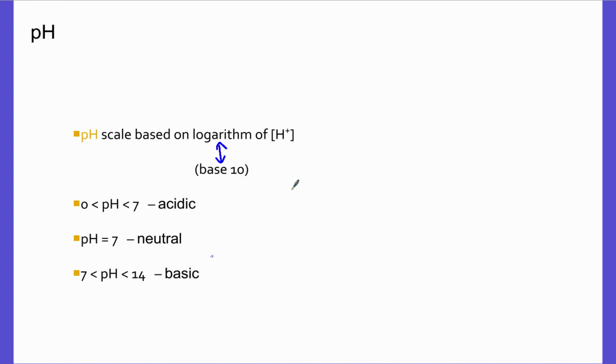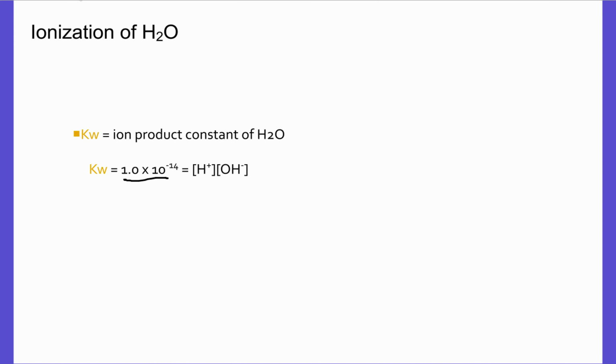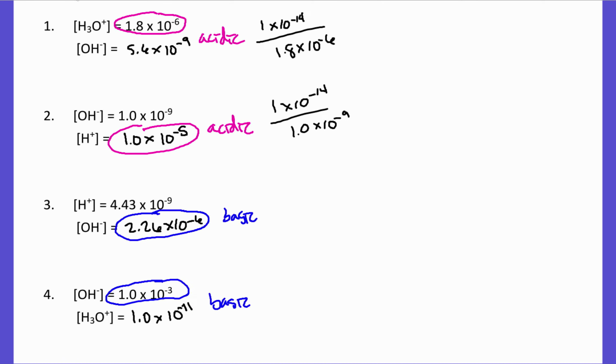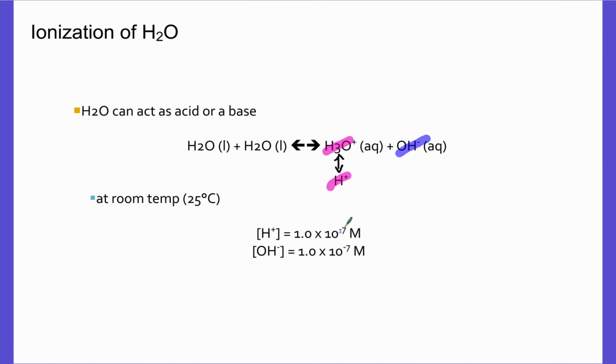Otherwise, you know that pH scale that goes from 0 to 14, you just now understand why it goes from 0 to 14 and why 7's right in the middle, because 7 was my exponent for my hydrogen ion when I was neutral, right?